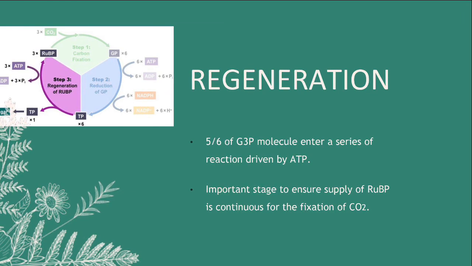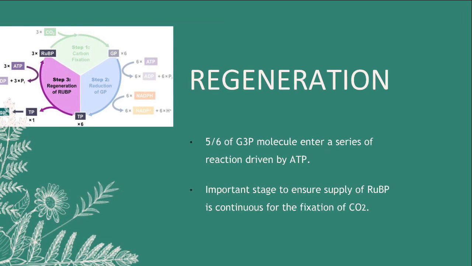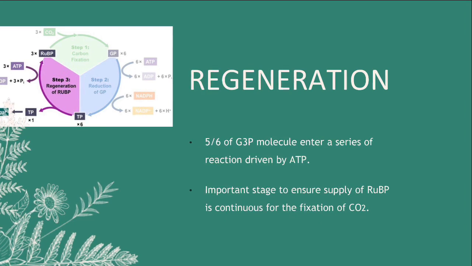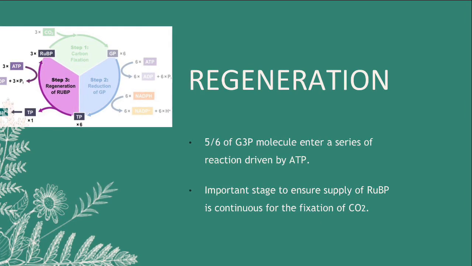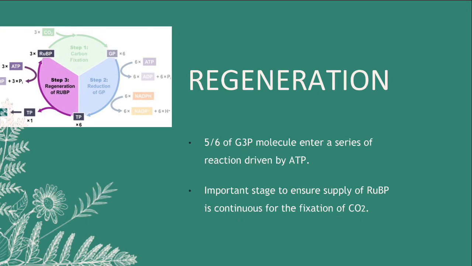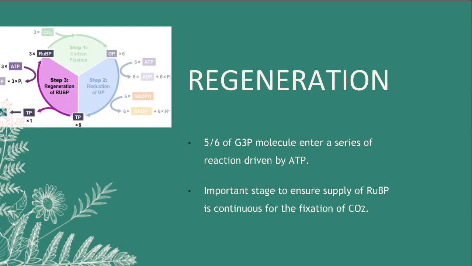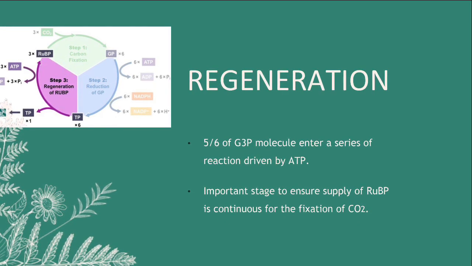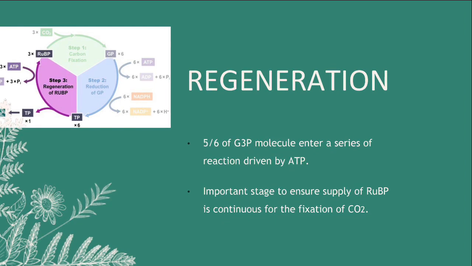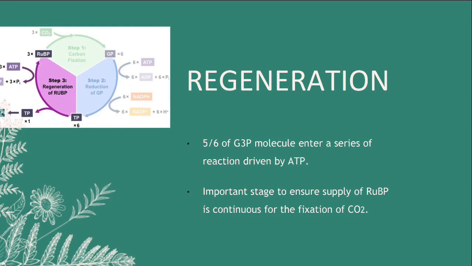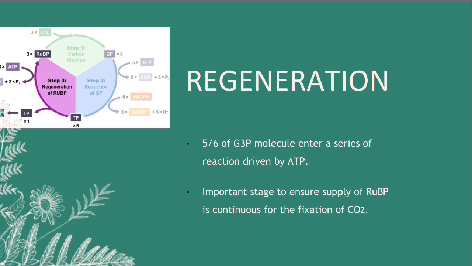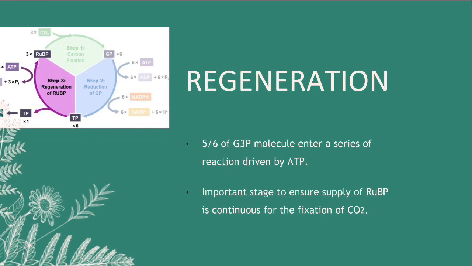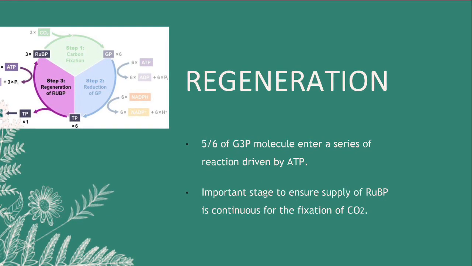But each turn makes 2 G3Ps, thus 3 turns make 6 G3Ps. Some G3P molecules go to make glucose, while others must be recycled to regenerate the RBP acceptor, which enables the system to prepare for more carbon dioxide to be fixed. Oh yeah, ATP is also used in the regeneration of RBP.